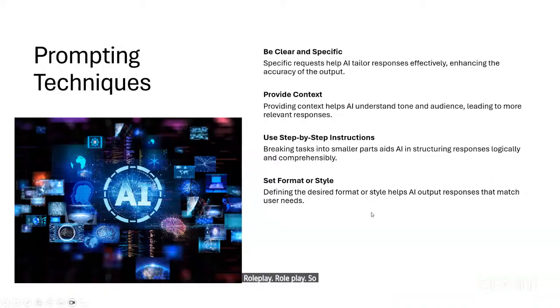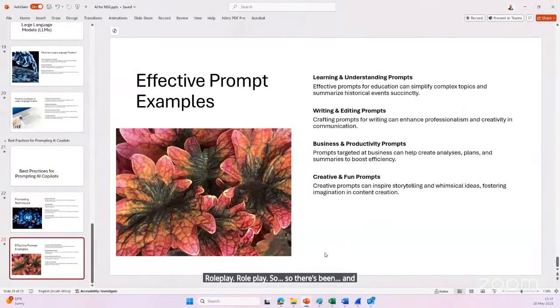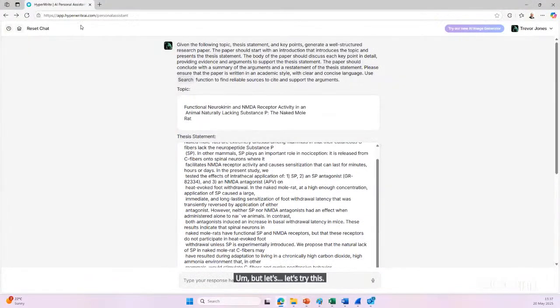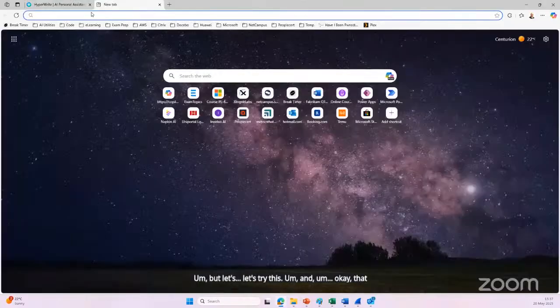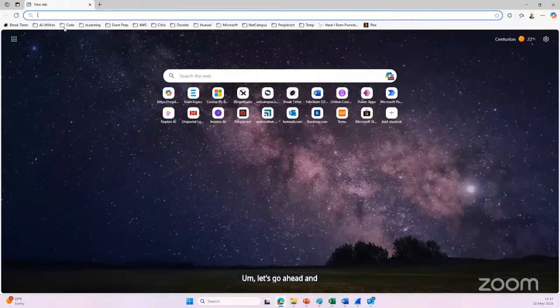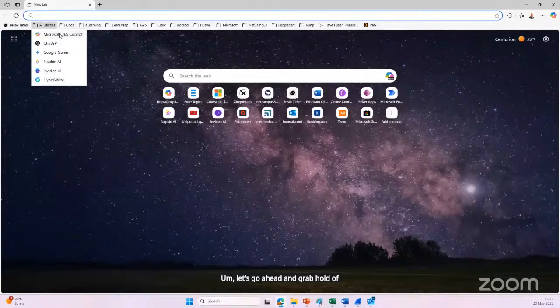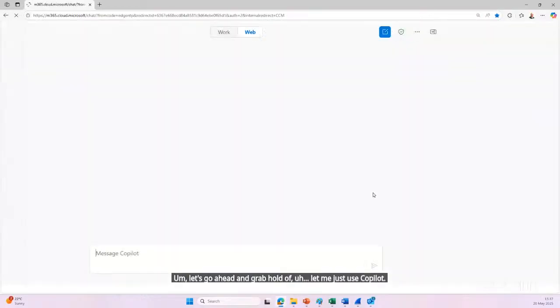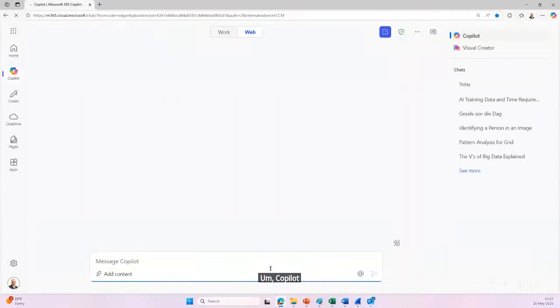So there's been, and I know of course why, but let's try this. Okay, that was Hyperwrite. That was a bit of a fail. Let me just use Copilot. Copilot is what I'm most familiar with.